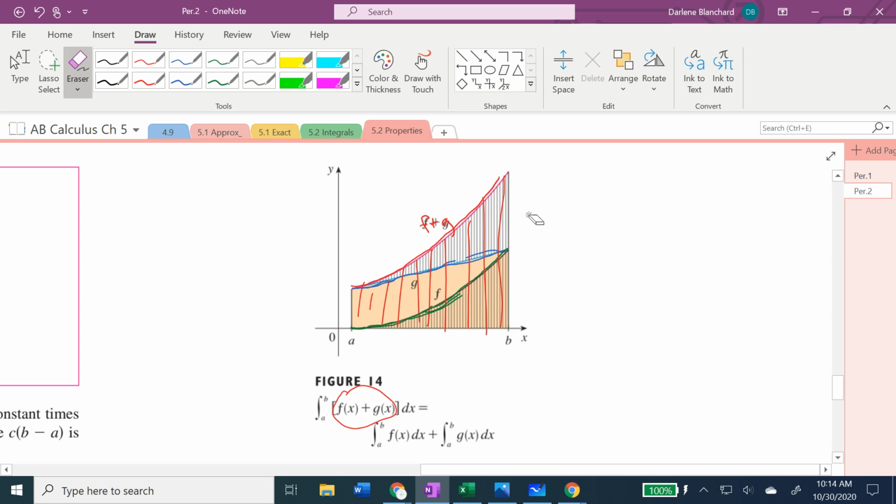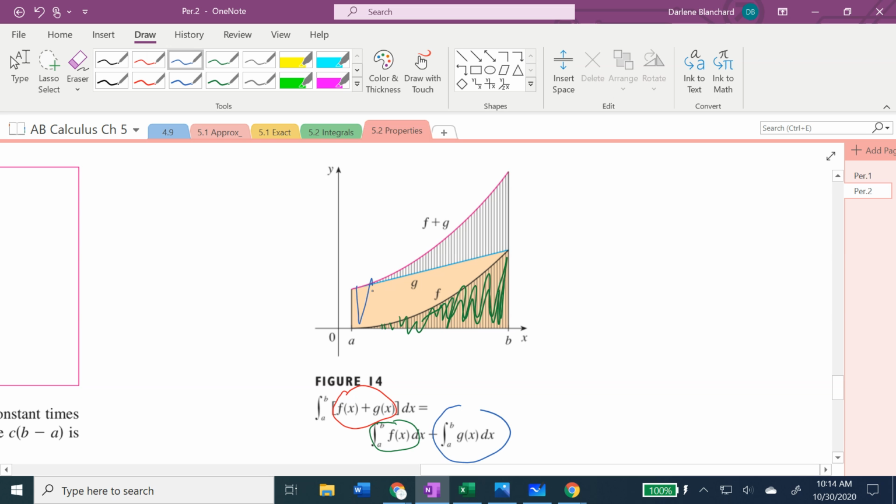I'm going to erase that so that I can redraw. If instead I find the integral of f of x, I'm trying to draw quickly, and then I find the integral of g of x, and I add those together, this section is counted twice, which would account for this extra bit up here.